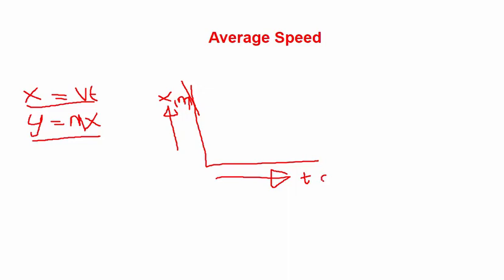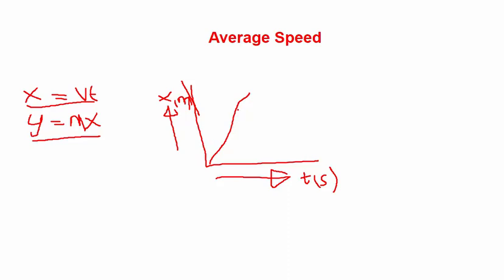What will be the shape of the graph? It will be a straight line, not like that. It will be a straight line passing through the origin.